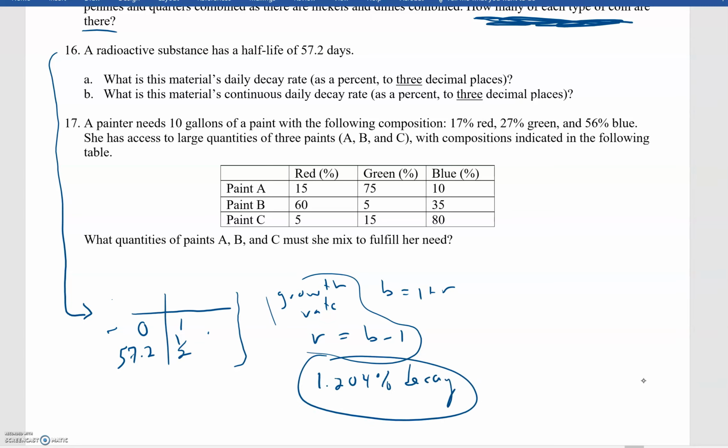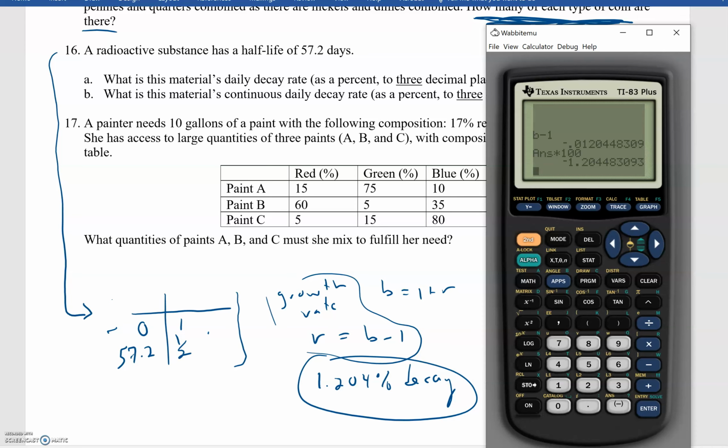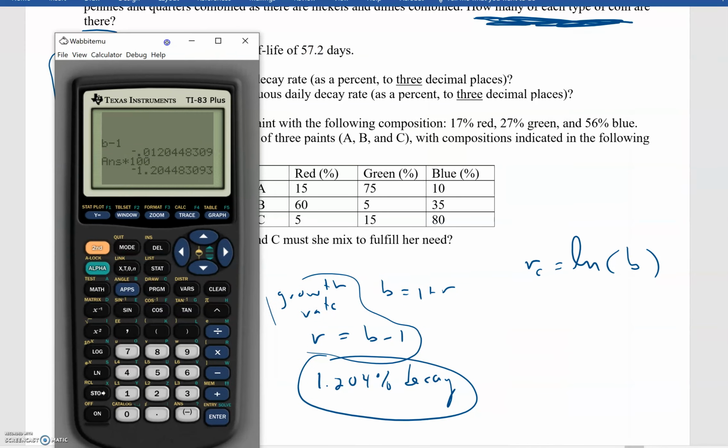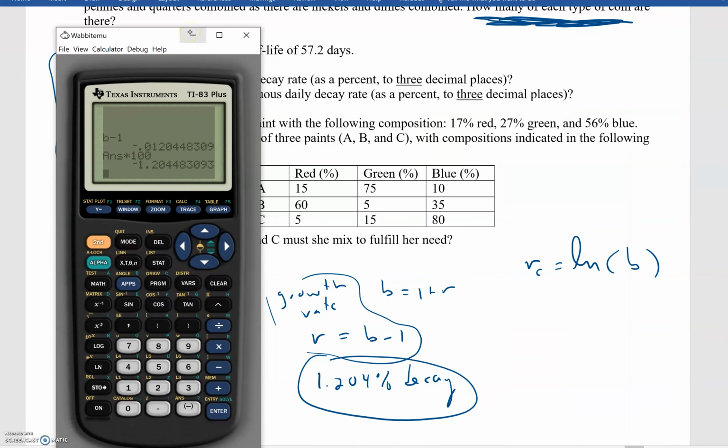Okay. Now if I want the continuous daily decay rate, what I'm going to do is find the continuous daily growth rate, RC, and I'm going to use this relationship, and then I'll change the sign of it. So once again, I need that b value.